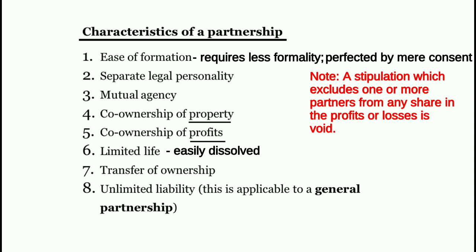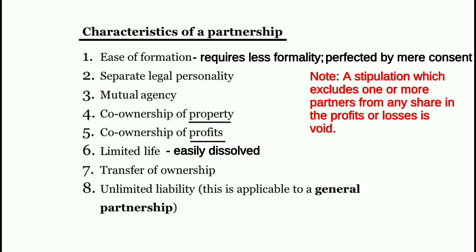Next, the last characteristic of a partnership is unlimited liability. This is applicable to a general partnership. Ang general partnership, this is a partnership in which all partners are individually liable.